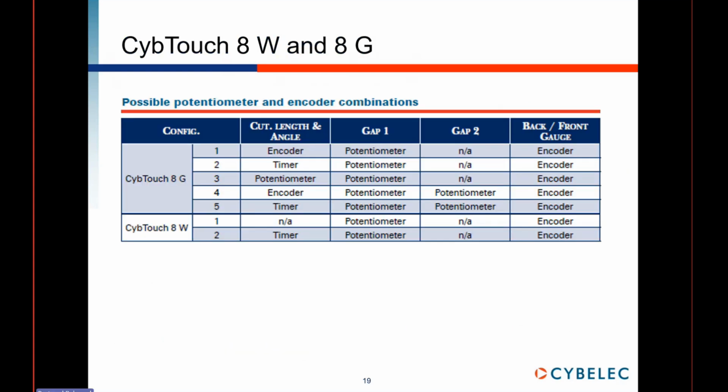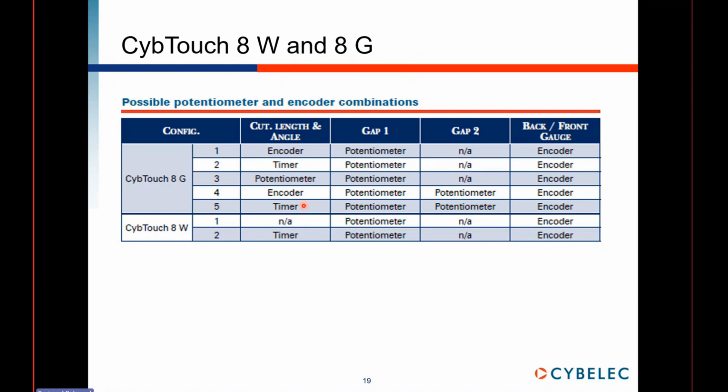This table is on our datasheet, but you can see the different possibilities to manage the cutting length, the gap 1, gap 2, and back or front gauge. The back gauge or front gauge is only managed with an encoder. And the blade gap is only managed with the potentiometers.